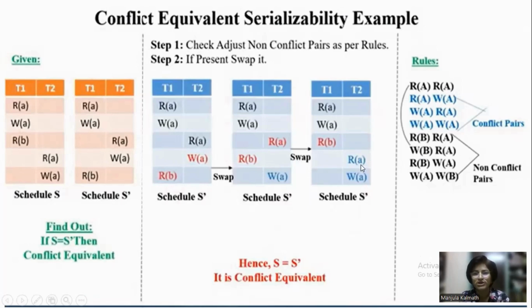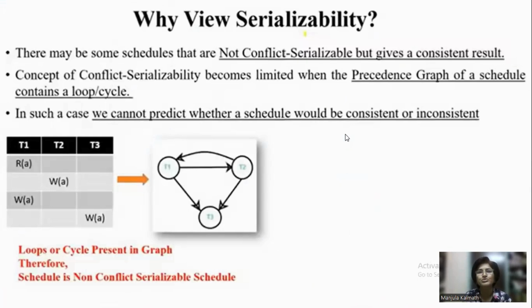Now by swapping the non-conflicting operations, it is converted into the serial schedule. This is one more method to check whether it is serializable or non-serializable. So in this way, either we use the precedence graph or we can go for the swapping.